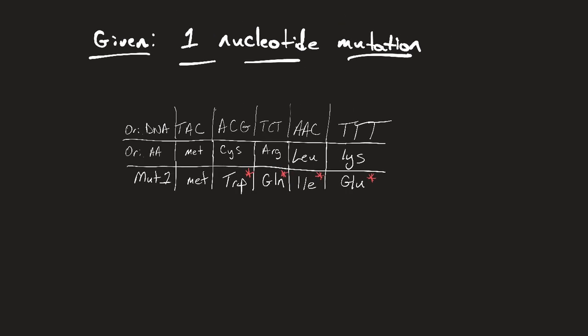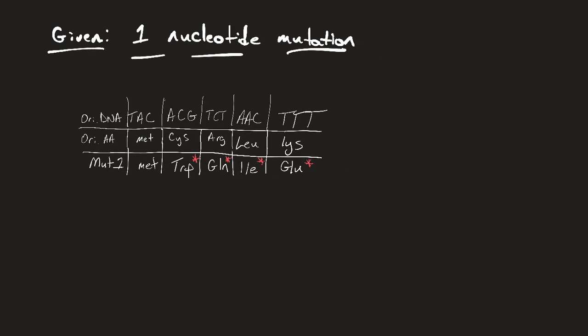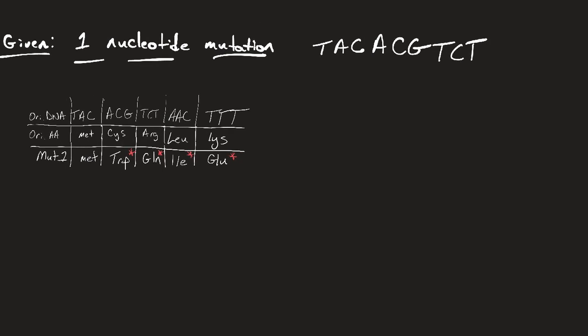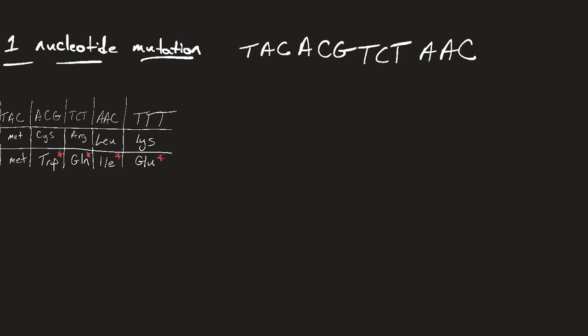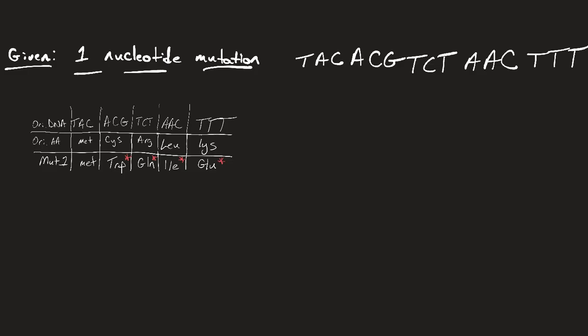Well, what kind of mutation is going to do this? If I have this DNA, TAC, ACG, TCT, AAC, TTT, what kind of mutation would allow me to mutate something in here?